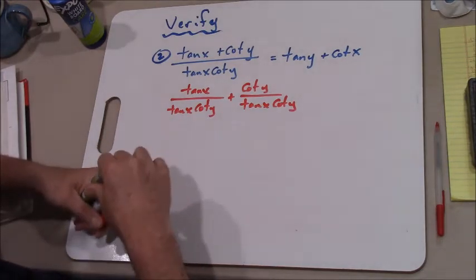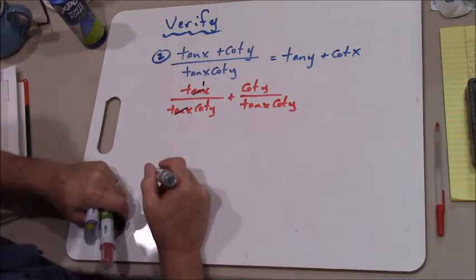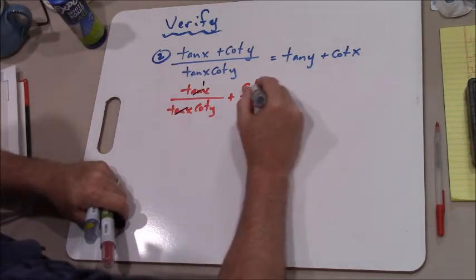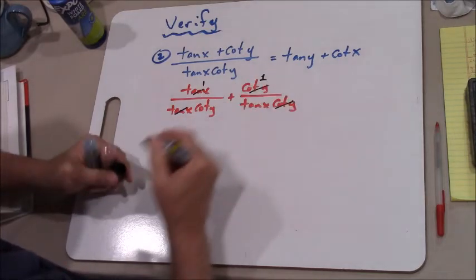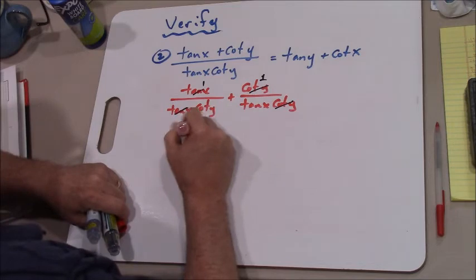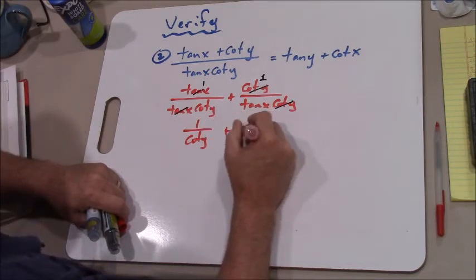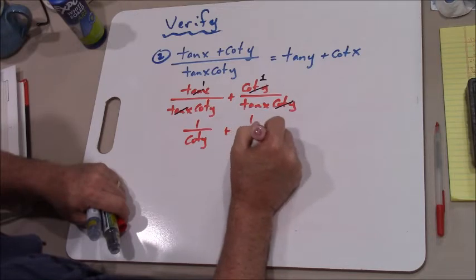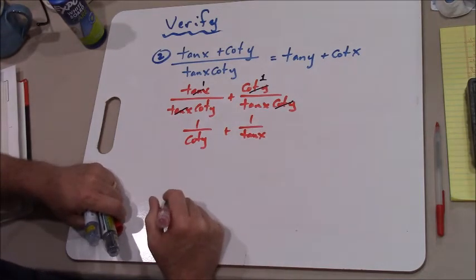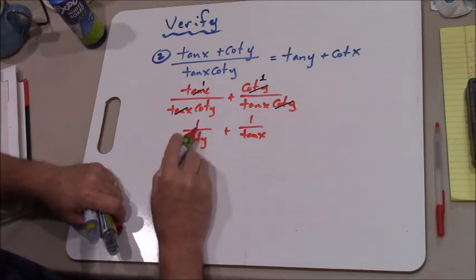All right, so these tangents cancel, and I'm left with 1 in the numerator. These cotangents cancel, and I'm also left with 1. So now what I have is 1 over a cotangent y plus 1 over a tangent of x. And 1 over a cotangent is equal to a tangent.